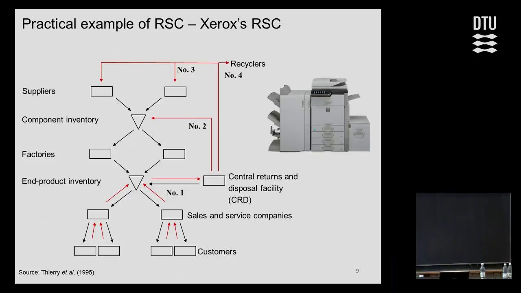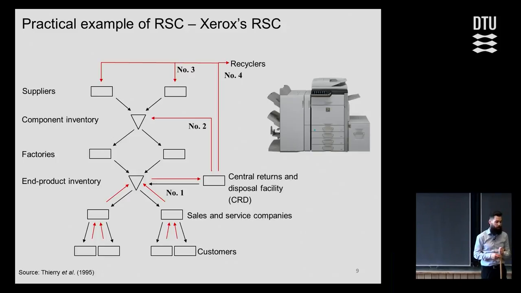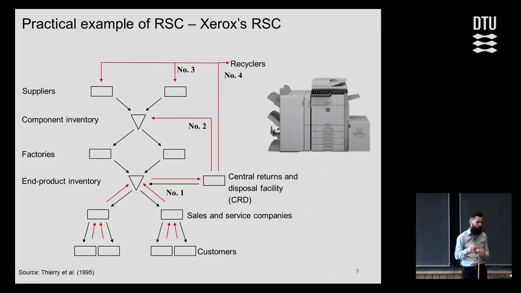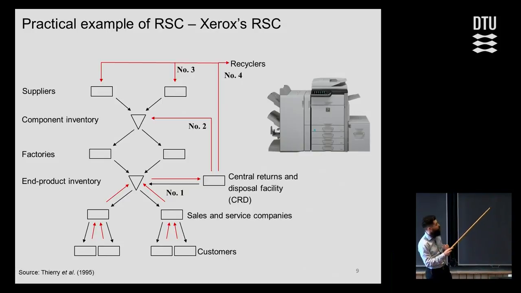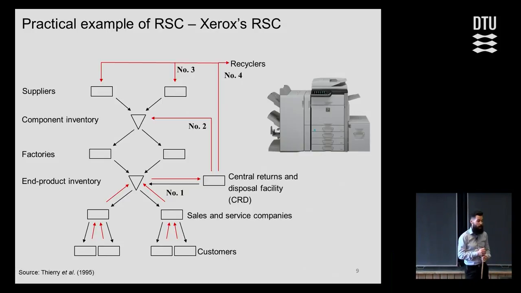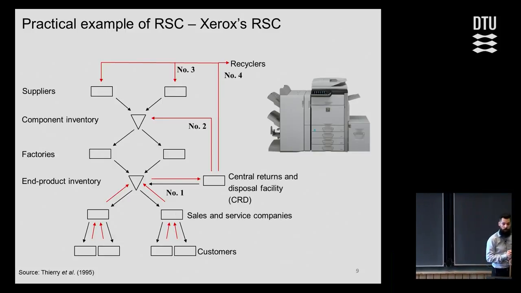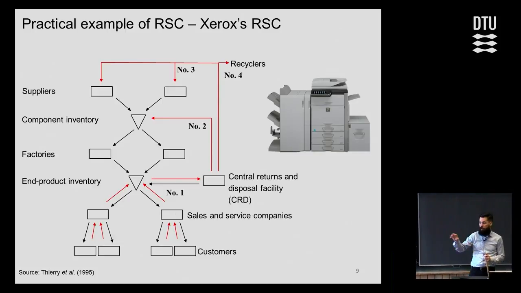This is a practical example from Xerox's reverse supply chain, and this is a reverse supply chain with four functions. If we stick with the black arrows, they begin on top with suppliers that supply the firm's component inventory with components. These are then taken to the factories for making finished products, and these finished products are then put into the end product inventory.